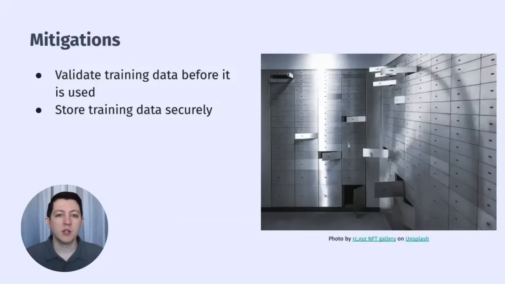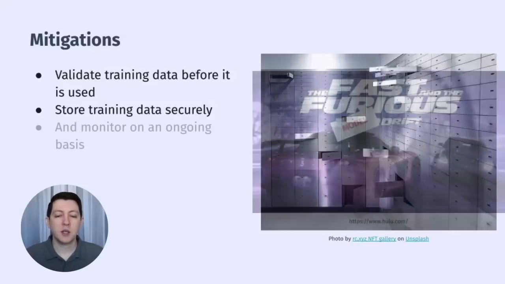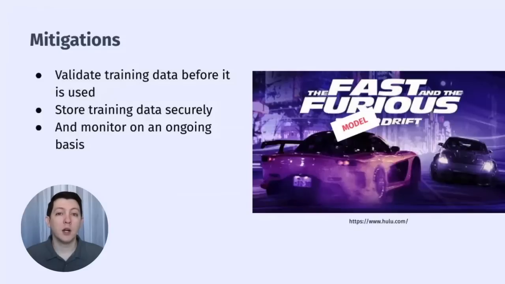The next mitigation is to monitor on an ongoing basis. Now, you might have heard of model drift or concept drift. I'm not going to go into a lot of detail. In short, this is when the inputs to the AI component have changed sufficiently that the model is no longer performing as well as it should be. For AI, we do this anyway because our data environment can often change over time, the inputs and the situations that we find ourselves in.